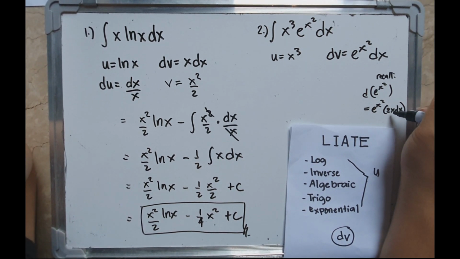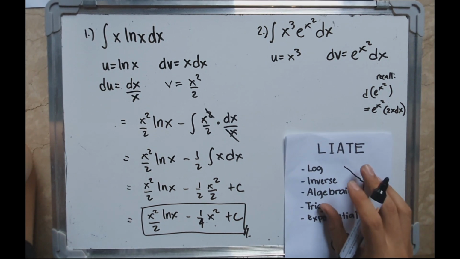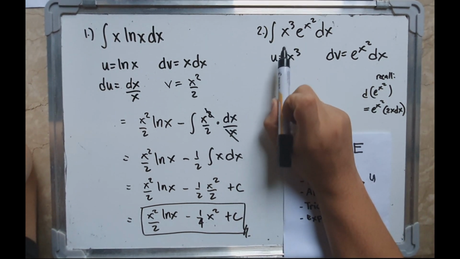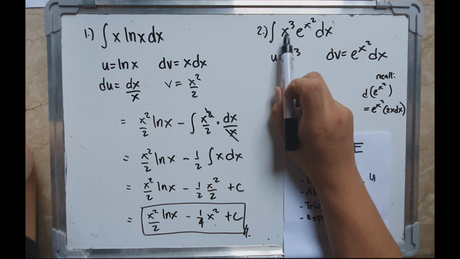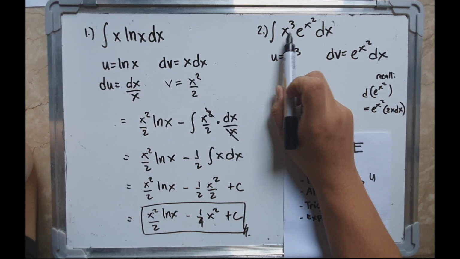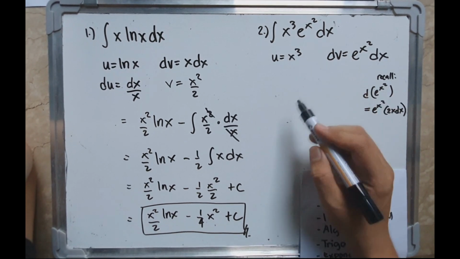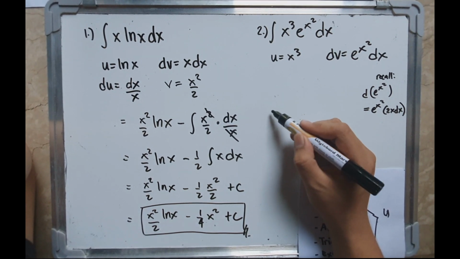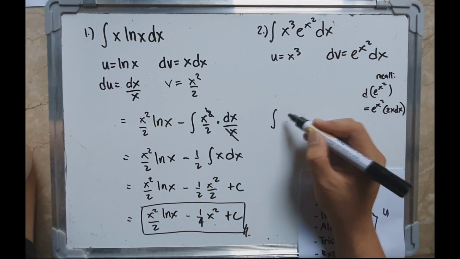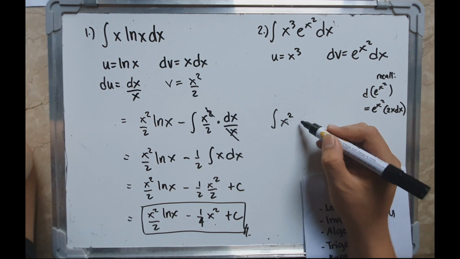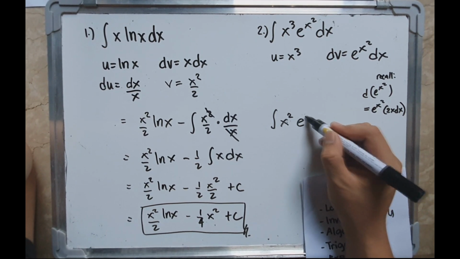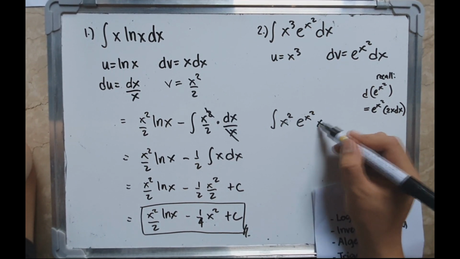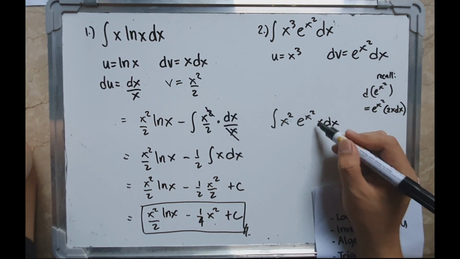How about for the x? So the first thing that we will do is separate one value of x from the x cubed. So this would be written as the integral of x squared e raised to the power of x squared x dx.